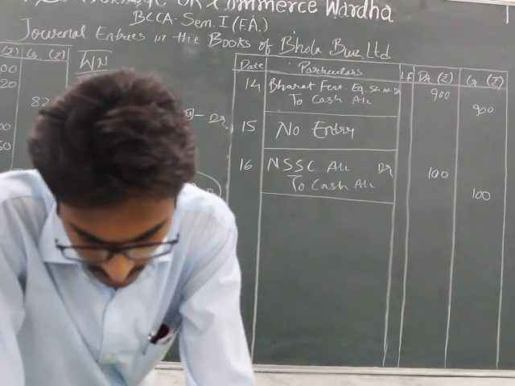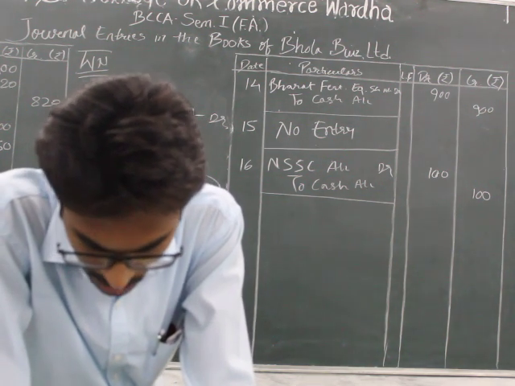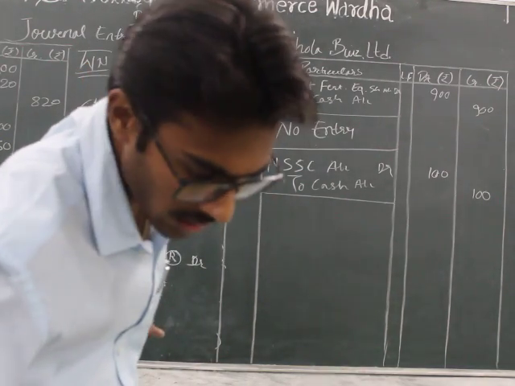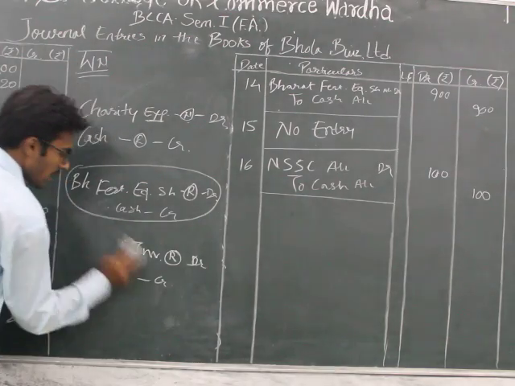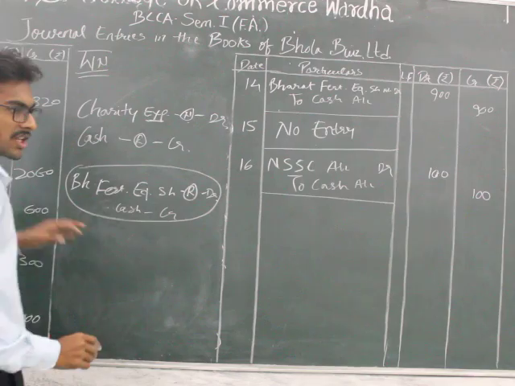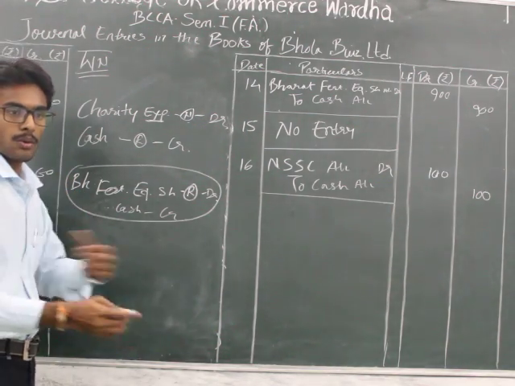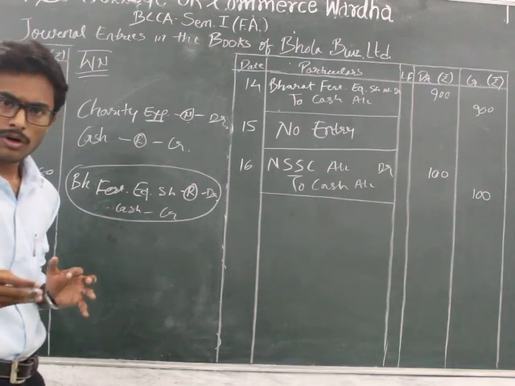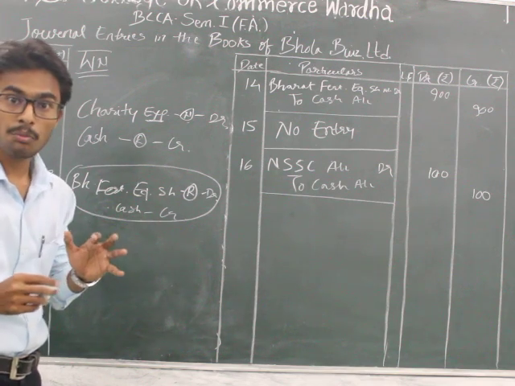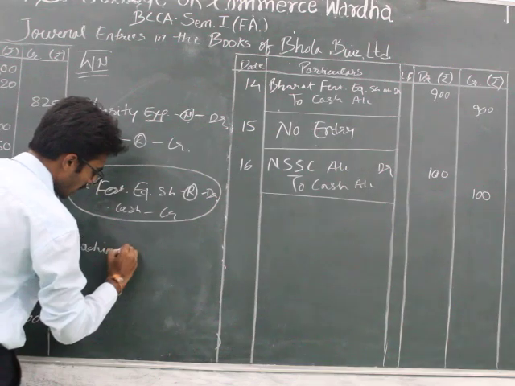We are on the second last entry. No, this is third last. Okay, paid rupees 200 for carriage on machinery. This is another important entry. We are paying for machinery, and this is the concept where carriage or repairs and maintenance made for machinery will be counted as machinery. So we will be considering the account of machinery here.